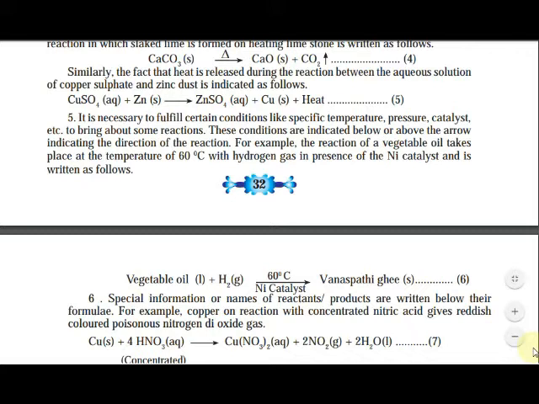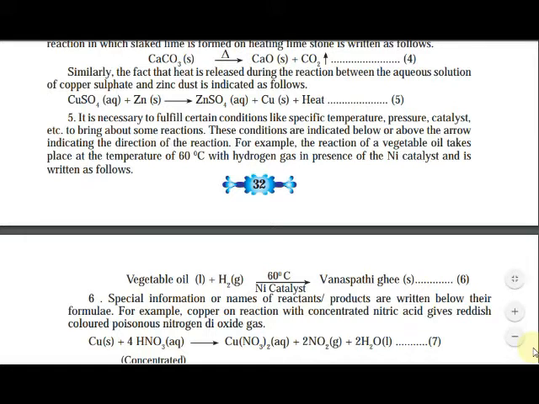So what is a catalyst? A catalyst speeds up the reaction but never changes. You will not see any change in the catalyst. Understood? So sixth one, special information or names of reactants or products are written below their formulae.